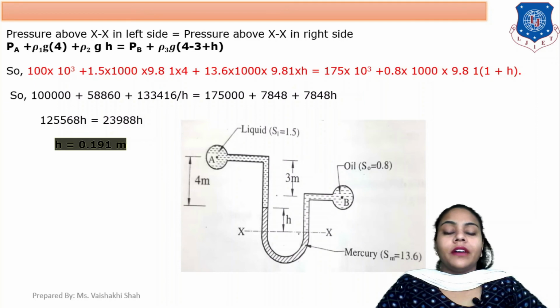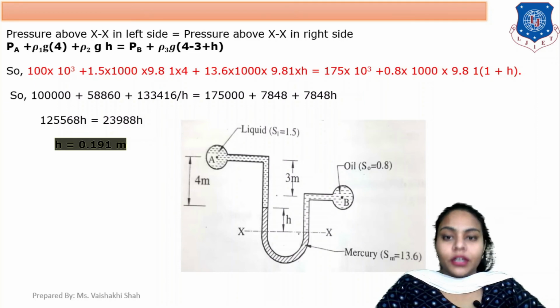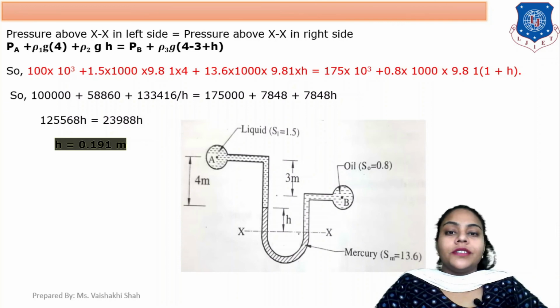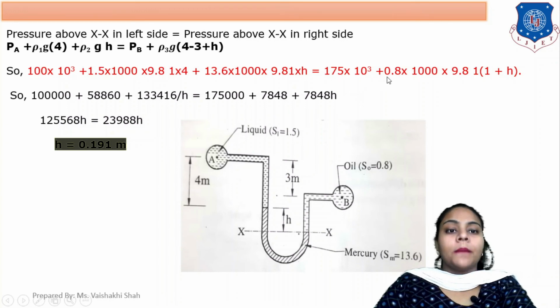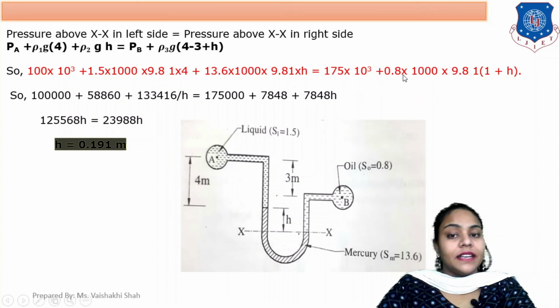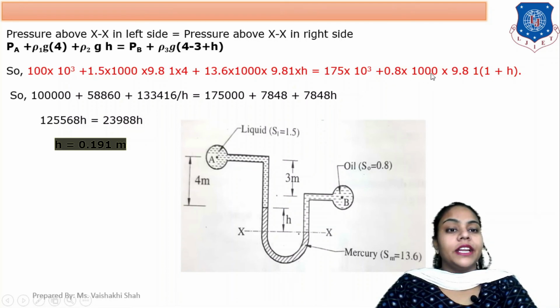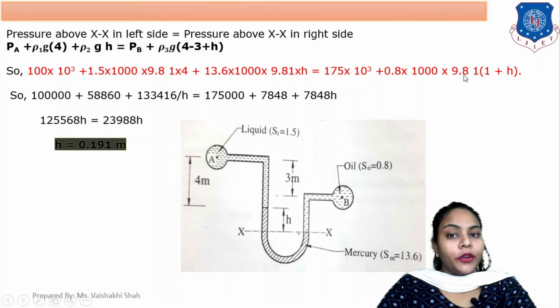Okay. Now, placing all the values here: Pa, that is 100 into 10 raised to 3, plus rho 1, that is 1.5 into 1000 into 9.81 into 4, plus 13.6 into 1000 into 9.81 into h, equals 175 into 10 raised to 3, plus 0.8, that is specific gravity of fluid in pipe B, so 0.8 into 1000 into 9.81 into (4 minus 3 plus h), that is 1 plus h.